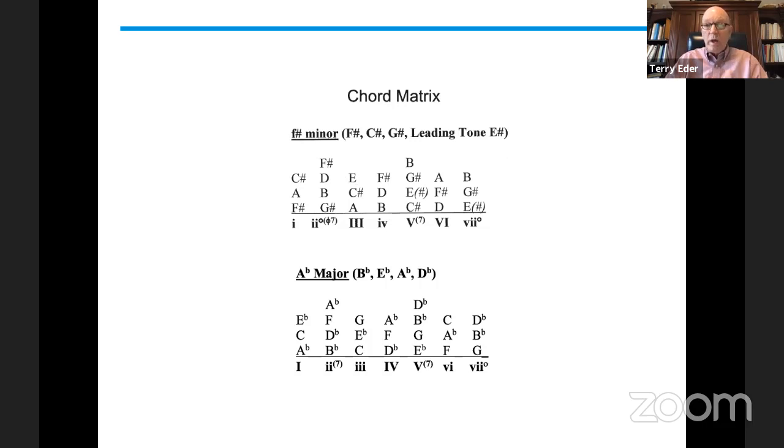So I would suggest that maybe you write out some of these chord matrices in preparation for the test, just as an assignment for yourself, and maybe even put them on cards or something. These would fit nicely on just note cards.